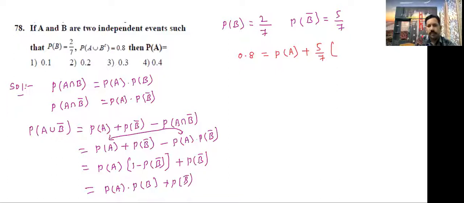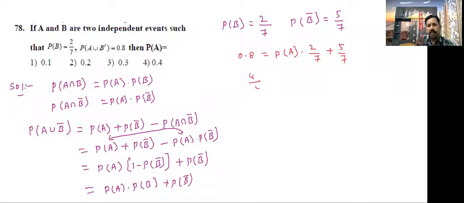Substitute here 0.8 plus P of A into P of B 2 by 7, P of B complement 5 by 7. 0.8 means how much? 8 by 10, 4 by 5.